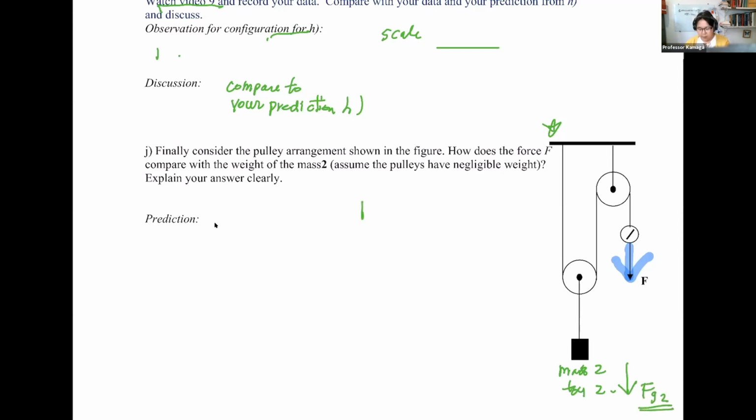So compare F versus FG2. Compare this and what you make your prediction. What would F read? And you make a prediction and then you make a discussion.